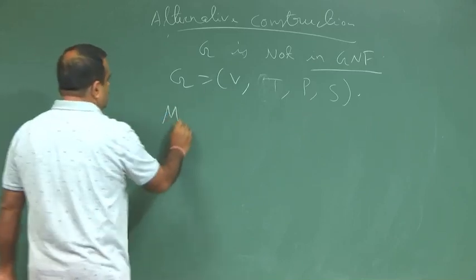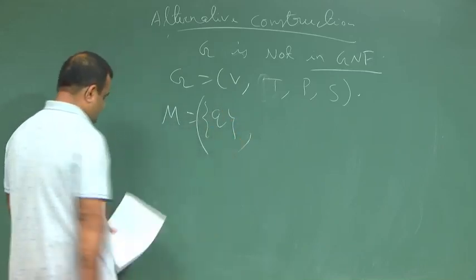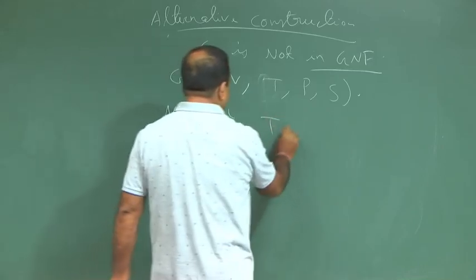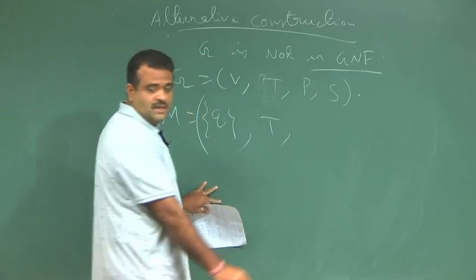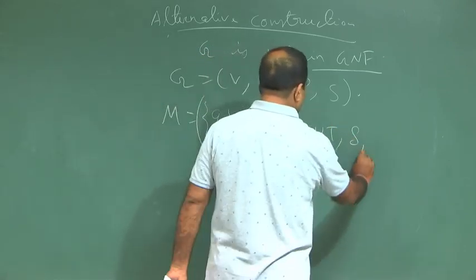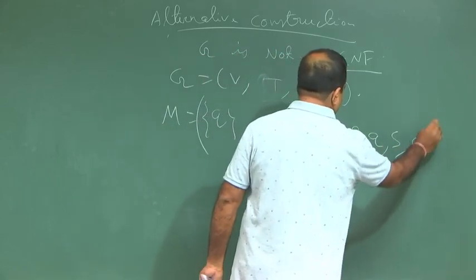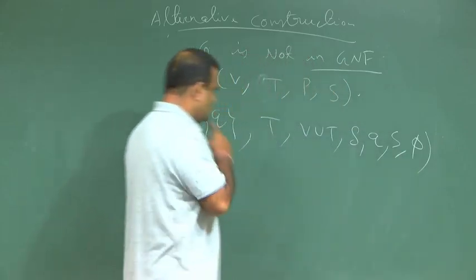Now, we construct a PDA like this. So, we will take the same, but the only thing here is the stack symbol we are going to put as V union T. Delta we are going to define, Q is the only state, S is the starting stack symbol like this.